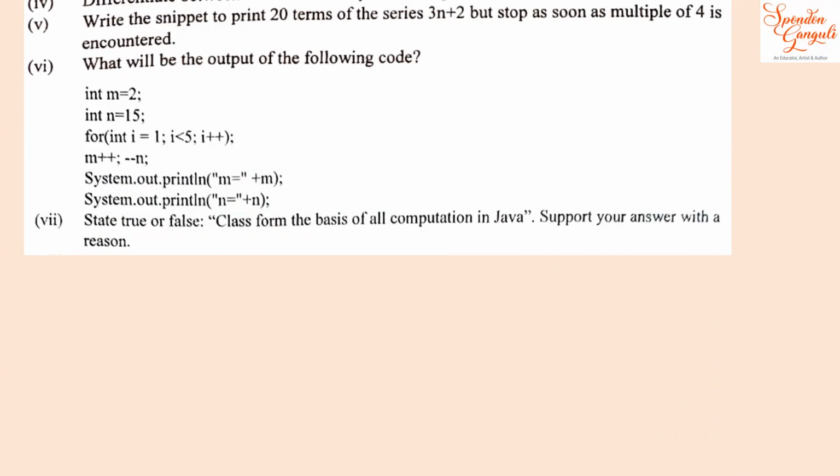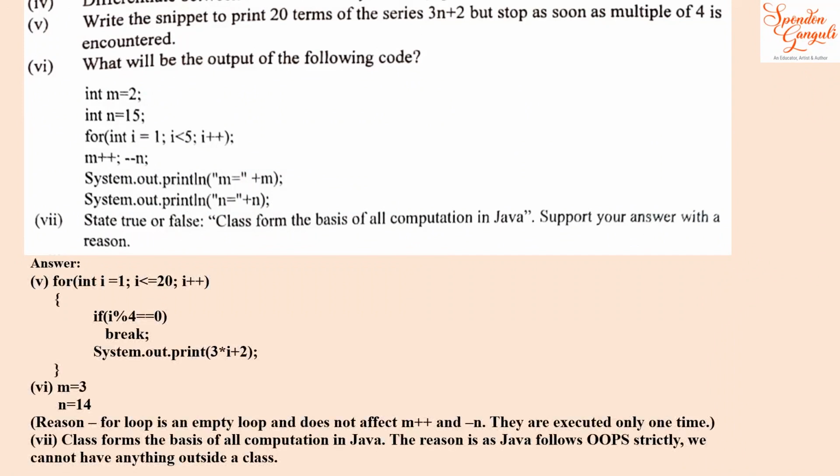Then m++; n--; System.out.println the value of m, System.out.println the value of n. And the next one is state true or false: class forms the basis of all computation in Java. Support your answer with a reason.